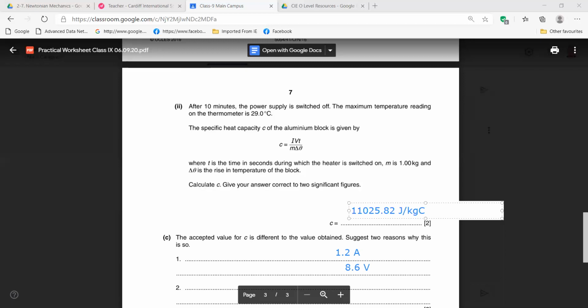Now they told us to find the answer in two significant figures. So how will you write it?